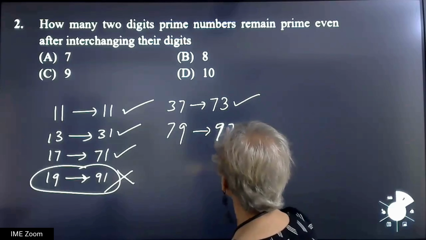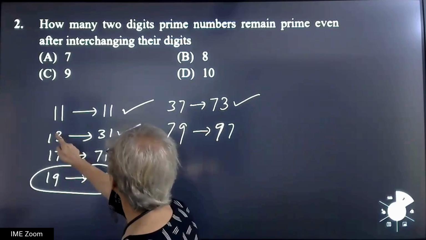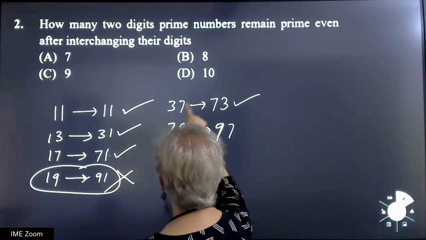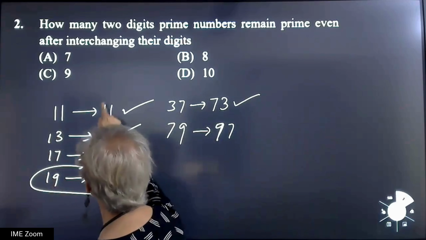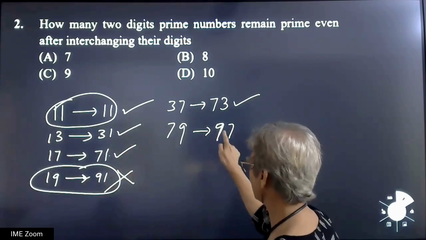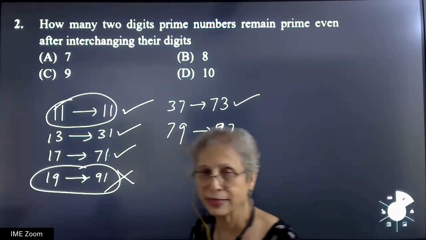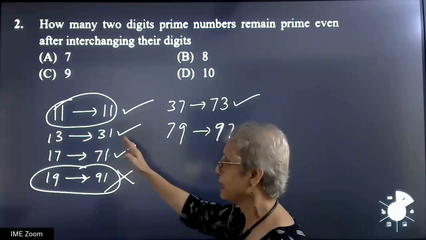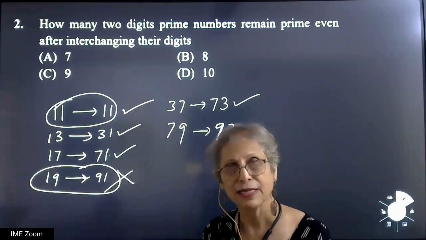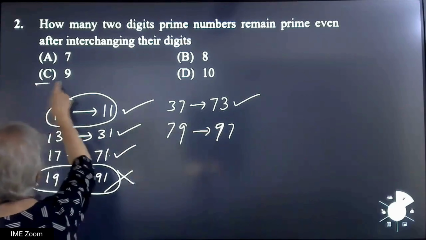So 71 is not there again, sorry. So 1, 2, 3, 4, 5, 6, 7, 8, and this is the only one number, and therefore 9. So how many primes are there? 9 primes are there, which even after interchanging their digits, remain prime, right? So our answer is C.